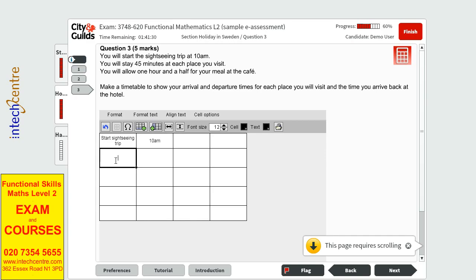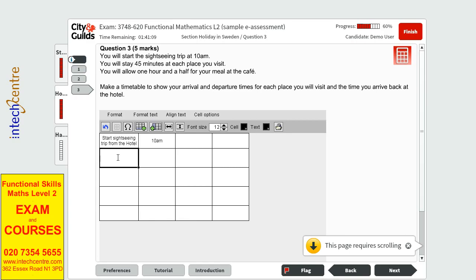We will walk. Okay, don't forget to put from hotel. Start sightseeing from the hotel. You can maximize this so that all your writing can be seen.